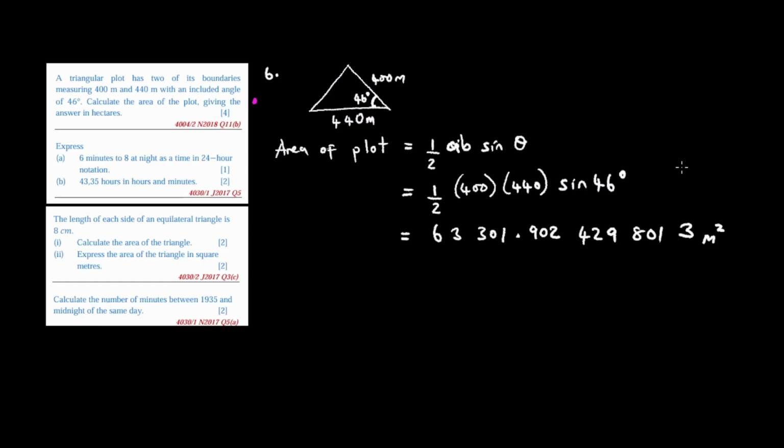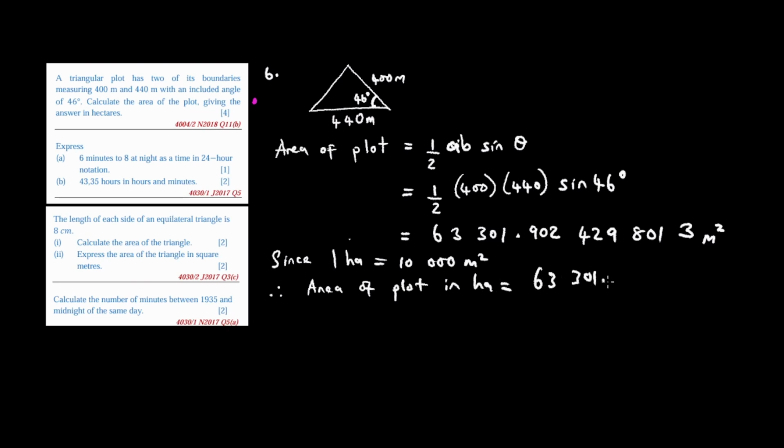Since 1 hectare, as we established already, is equal to 10,000 square meters, the area of the plot in hectares is the same number divided by 10,000. I hope you understand why we divide by 10,000, because 1 hectare is 10,000 square meters.